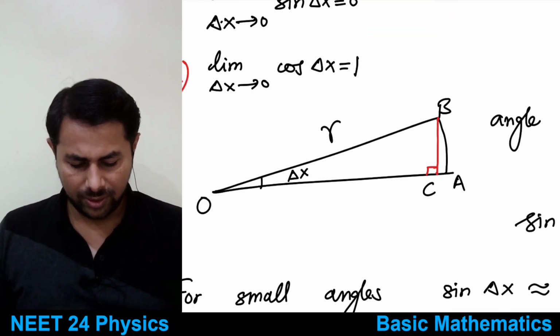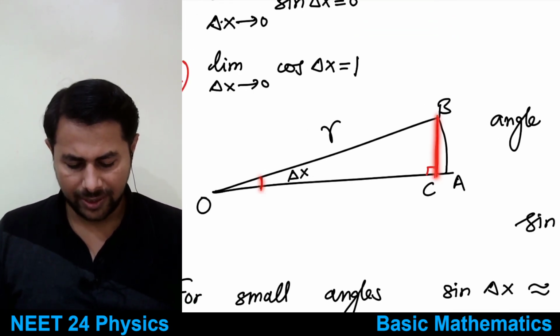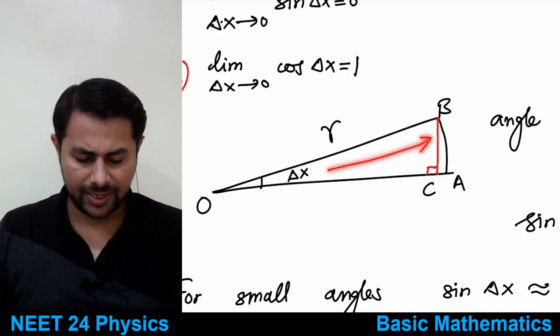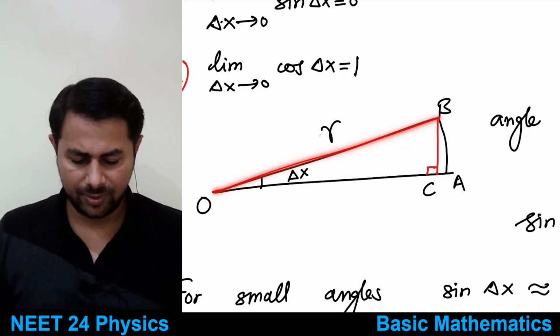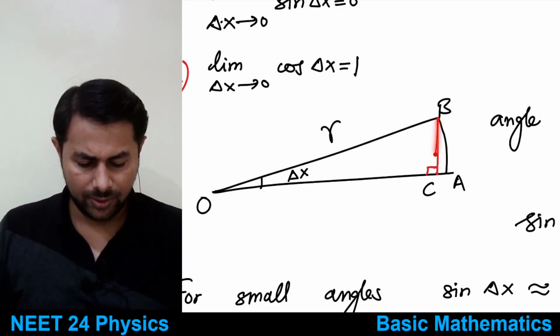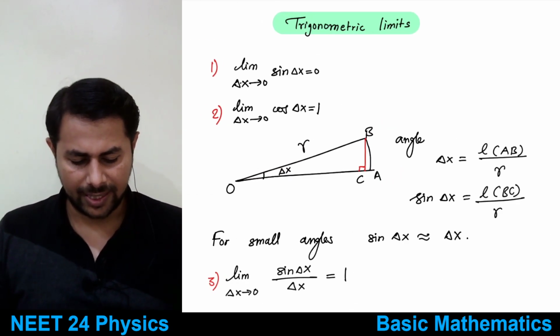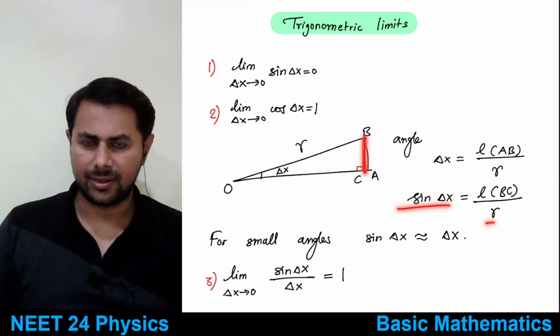Now you draw a perpendicular from here like this, and you want to find sine of delta x. What is sine of delta x? It's the opposite side divided by the hypotenuse. The hypotenuse here is also equal to r. So sine of delta x is the length of this side BC divided by r.